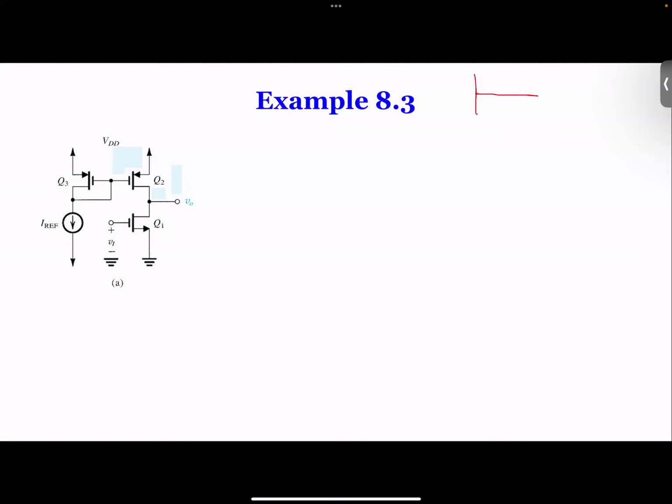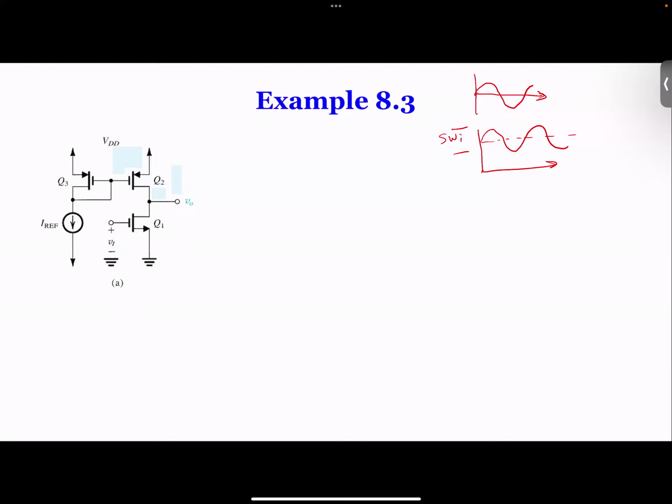If we have a purely AC signal like this, you can do this. Now if you add this AC on top of a DC, it becomes something like this. Between the maximum and minimum, this is called a swing.